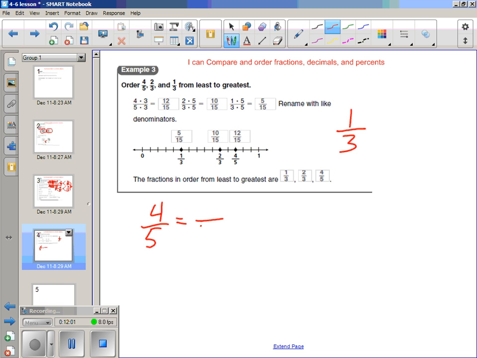In fact, I can make it into tenths really easily. Say it's 8/10. So that represents 0.8, or if I made it into 100, then it would be 80/100ths, or 80%. 80 out of 100 is 80%.